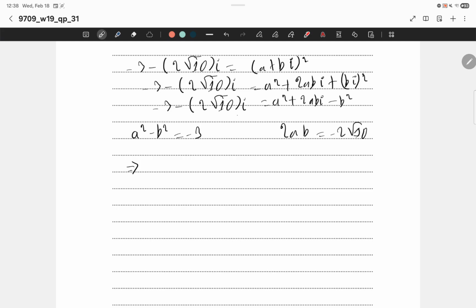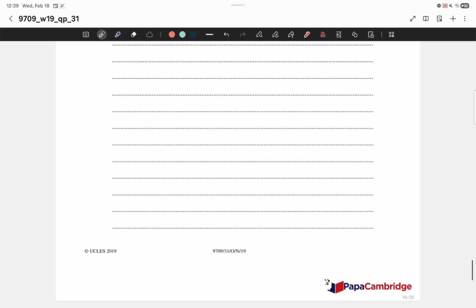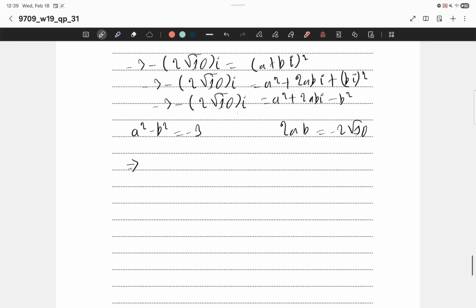We can do a substitution method, like ab is equal to negative 2 root 10 by 2, then a is equal to this, then we can substitute the value here. But that actually takes a lot of space and time.